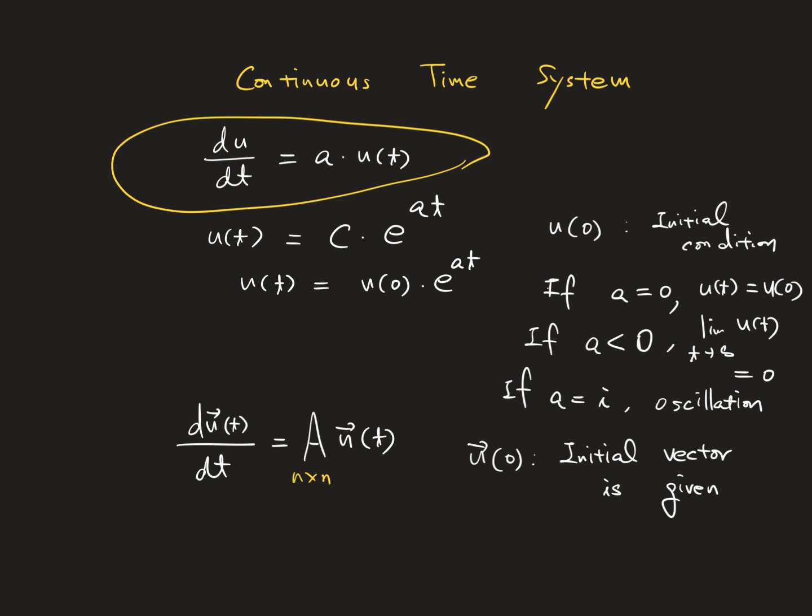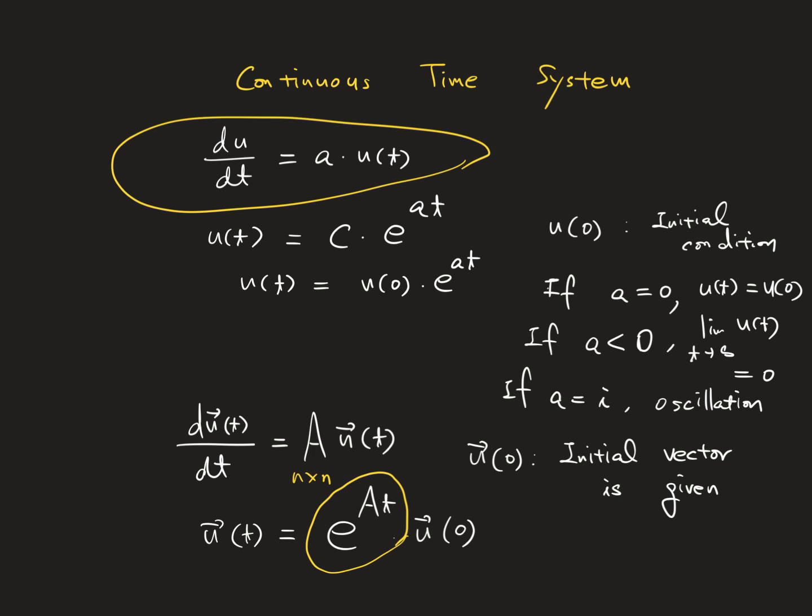You expect u of t will be e to the At times the u_0 vector. So we expect that. We'll see how we can calculate this term e to the At, because A is now a matrix.